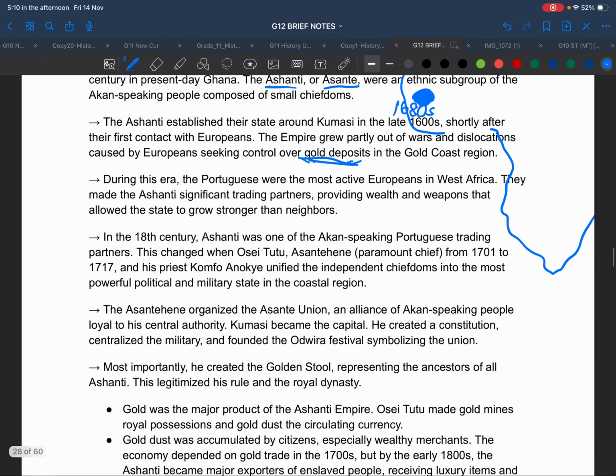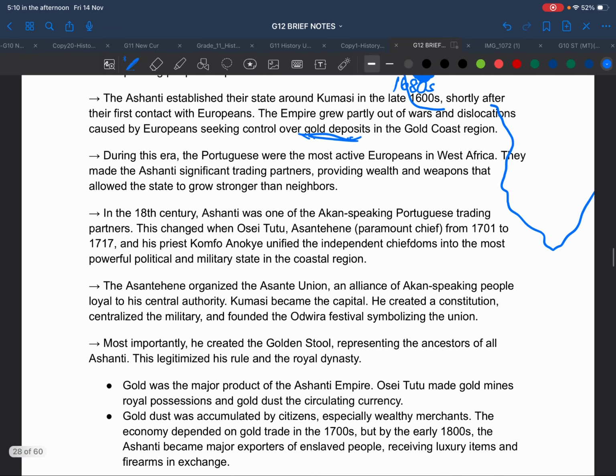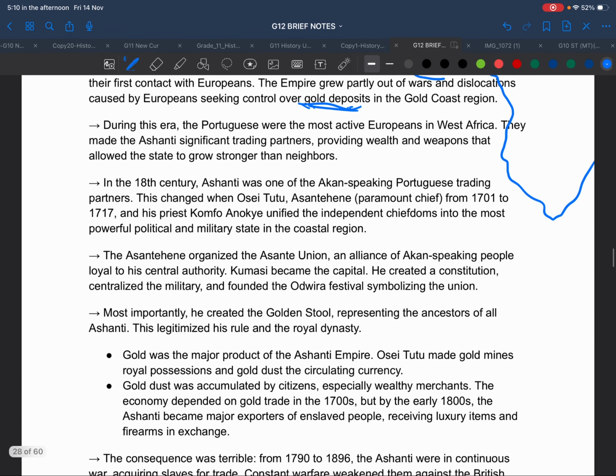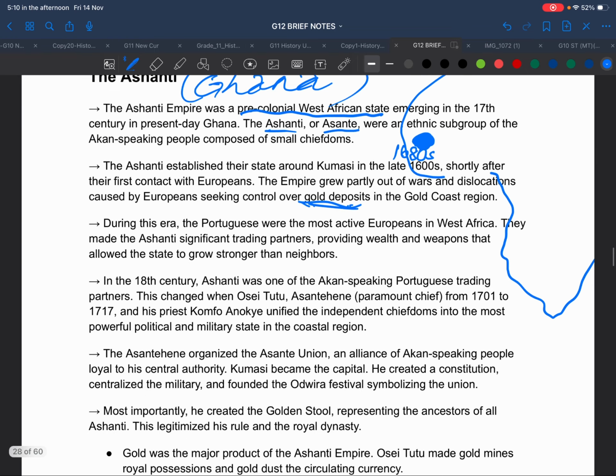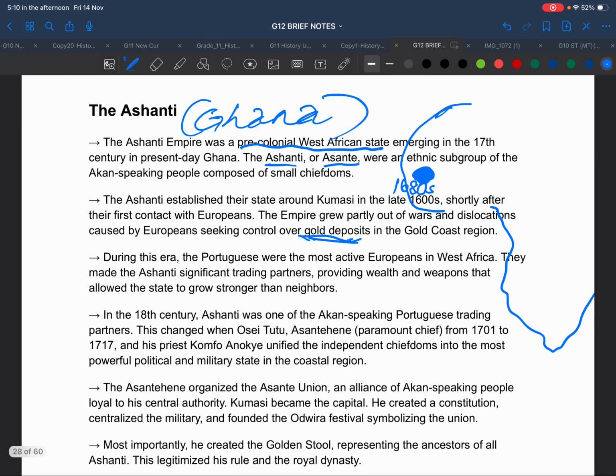During this era, the Portuguese were the most active Europeans in West Africa. They made the Ashanti significant trading partners, providing wealth and weapons that allowed the state to grow stronger than its neighbors. Earlier, the Portuguese were the first to land on the coastal part of the Atlantic Ocean west of Morocco.